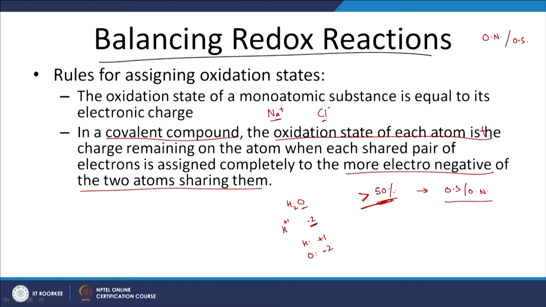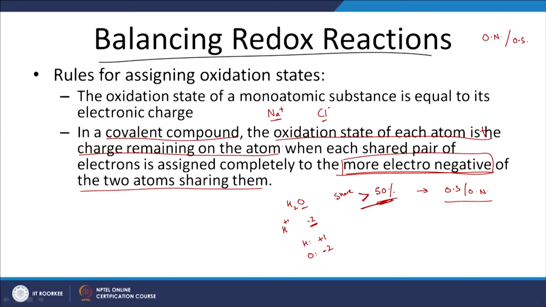Again, to refresh our understanding, we look at the hypothetical charge that would be present on that particular atom if all the electrons of which it has greater than 50% share, in other words, if it is more electronegative, are assigned to that atom. The charge remaining on the atom would be the oxidation state.